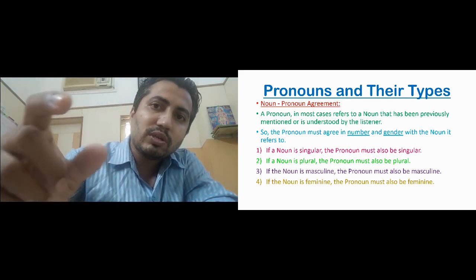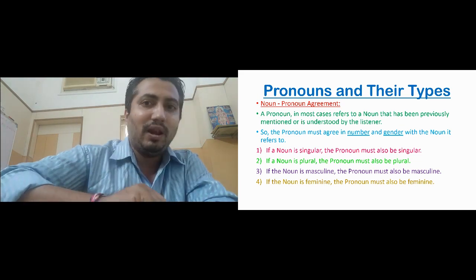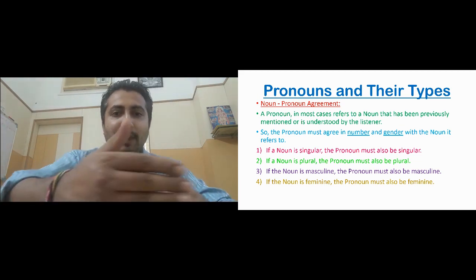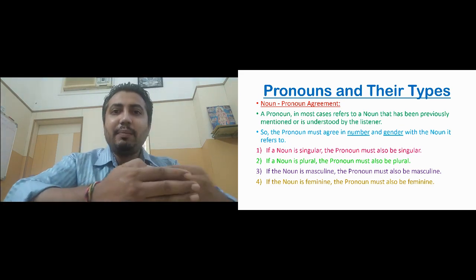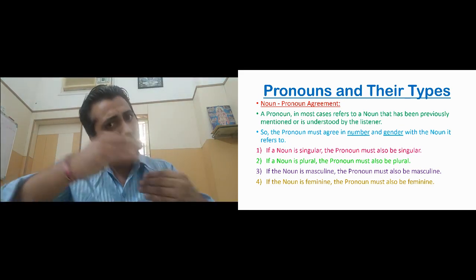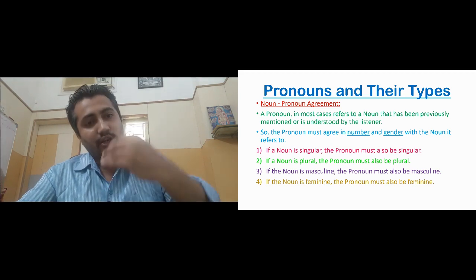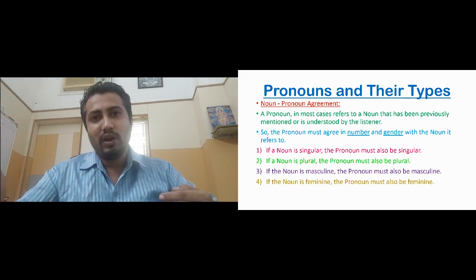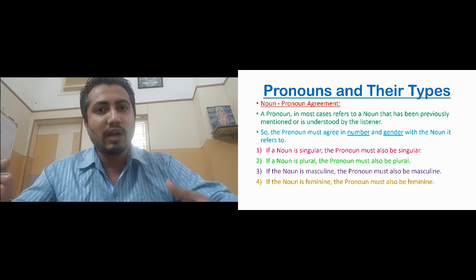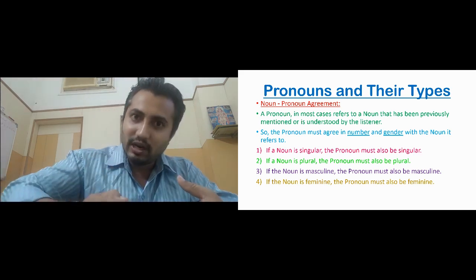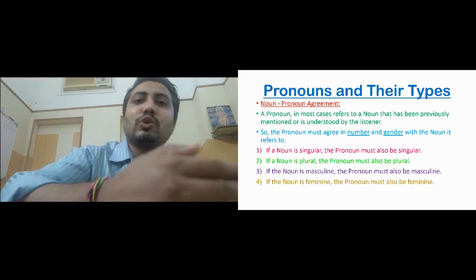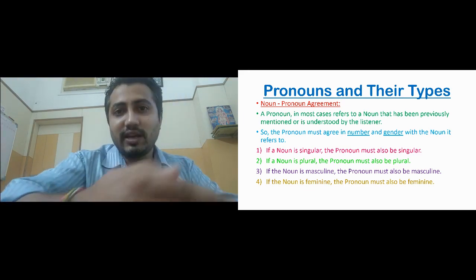But all these pronouns are related to Kapil. So whatever pronouns are used should be in agreement with the noun. For example, if we are talking about Kapil, Kapil is third person singular, so the pronoun should also be third person singular masculine gender, he.